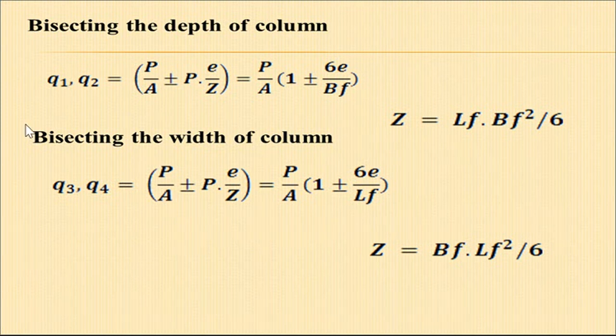Actually, this is related with the upward pressure along the x direction, along the y direction. P by A due to axial load, and due to moment, this is P by Z, and Z is equal to LF into BF square by 6, and that's why we get the P by A (1 plus minus 6E divided by BF).